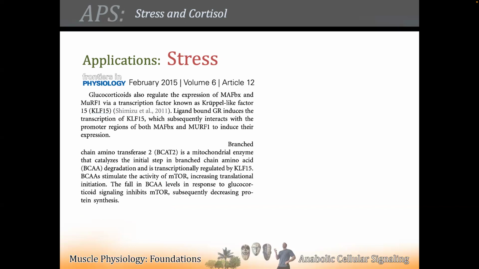And then something else that KLF15 does is regulate BCAA, branched chain amino acid degradation, and leucine is one of your branched chain amino acids. So leucine is affected here. You'll see a reduction in leucine content, and subsequently you'll see a reduction in mTOR signaling.